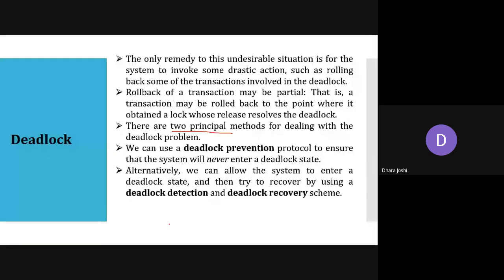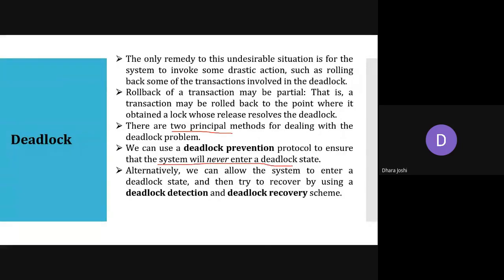In the same way, a deadlock prevention protocol ensures that the system will never enter a deadlock state. Like if we take these home remedies, we are not getting infected by the coronavirus; similarly, if we ensure that these deadlock prevention techniques are fulfilled, the system will never go into the deadlock state.